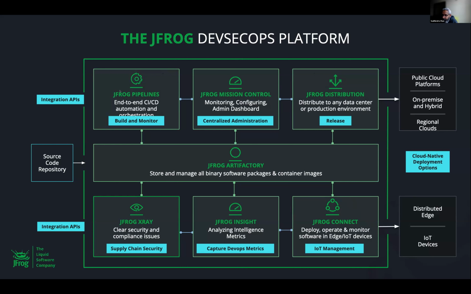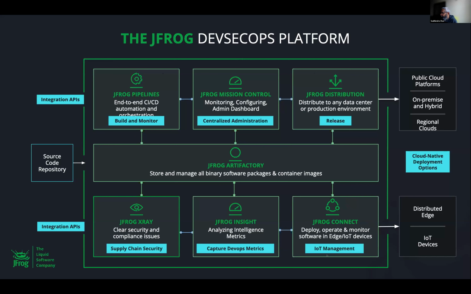We also have an end-to-end CI/CD automation and orchestration solution built into this platform called JFrog Pipelines. Insights and Mission Control handle performance monitoring and DevOps metrics, and let you centrally manage multiple JFrog Platform deployments.